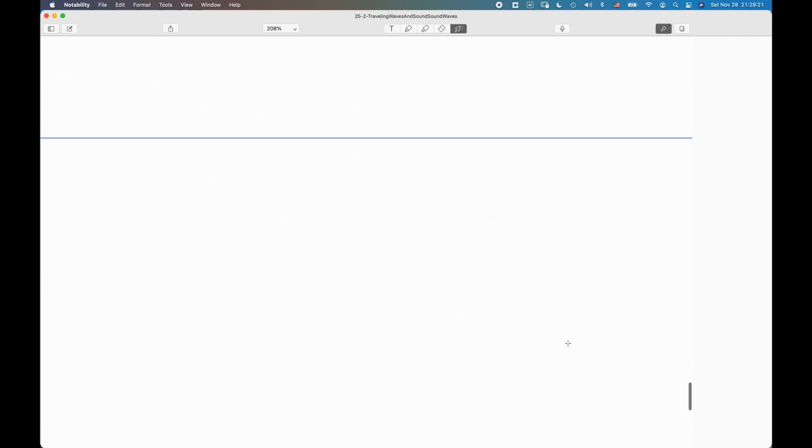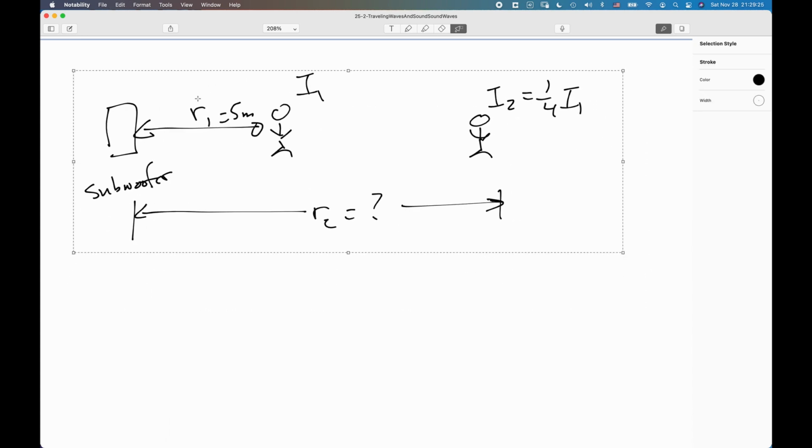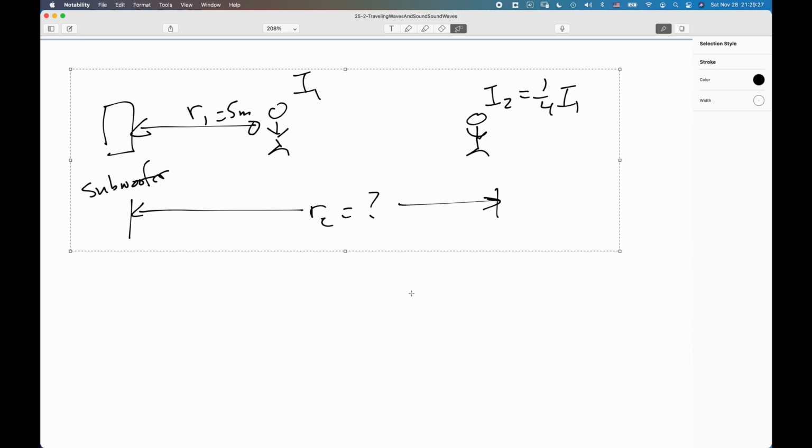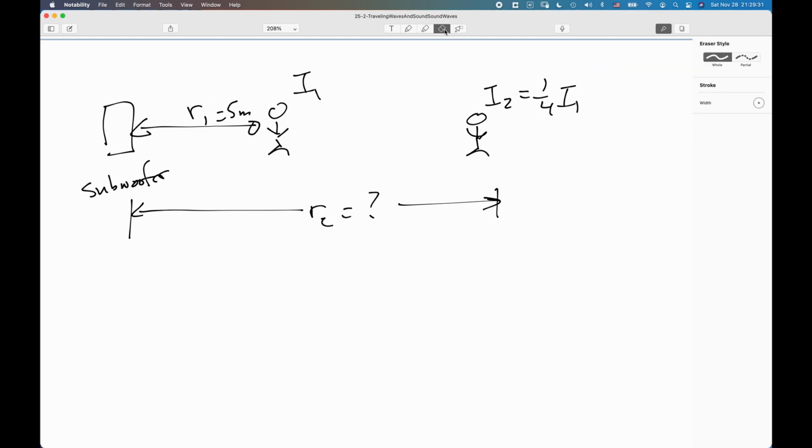There it is. But now, instead of it being intensities, we're going to talk about intensity levels. And so I'll start again by saying I'm 5 meters away from the subwoofer.